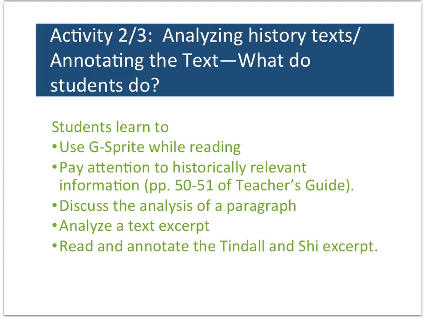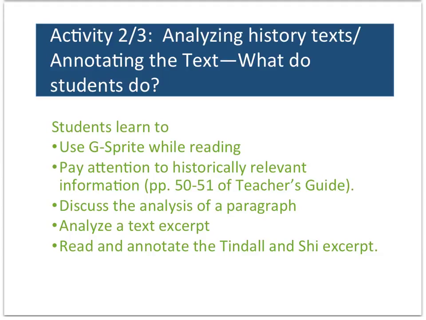First, in terms of the G-SPRITE, the letters in that name stand for those societal functions that historians pay attention to when they're trying to categorize activities or causes and effects or motivations. So the G stands for geographical, the S stands for social, the P stands for political, the R stands for religious, the I stands for intellectual, the T stands for technological, and the E stands for economic.